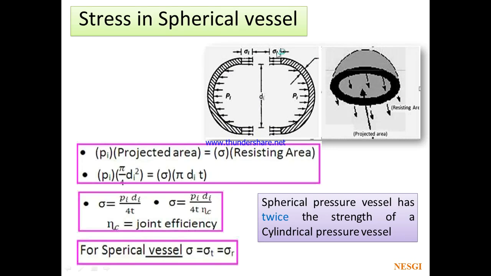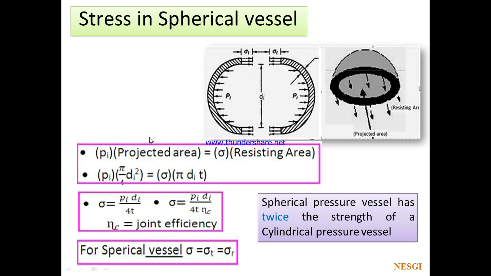Next is stress in spherical vessels. This is the spherical vessel. Again 50% is cut here to make the analysis. If you consider 50% of this portion, again the force due to pressure should be equal to the resistance offered by the stress. Here there is only tangential stress, there is no longitudinal stress.